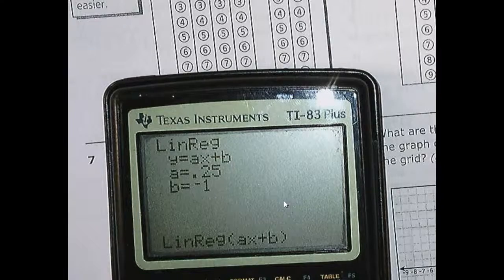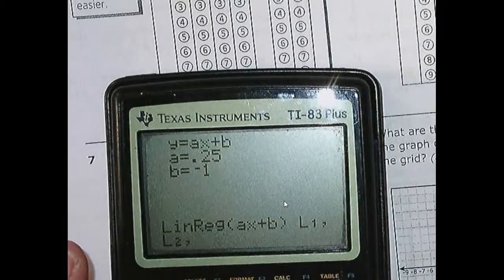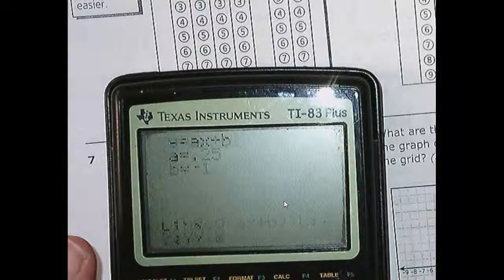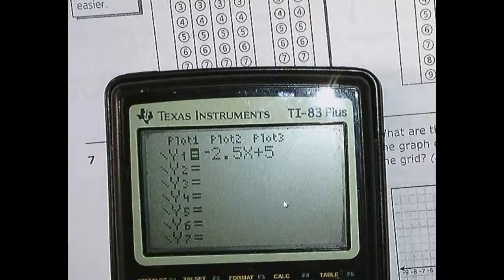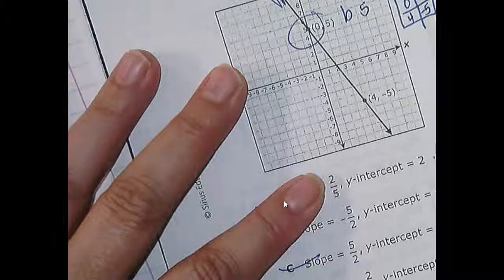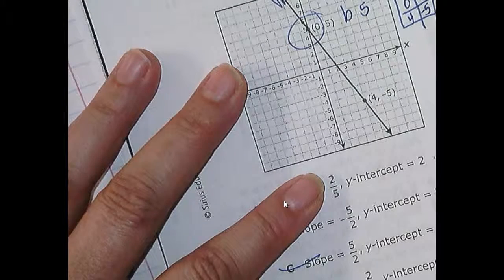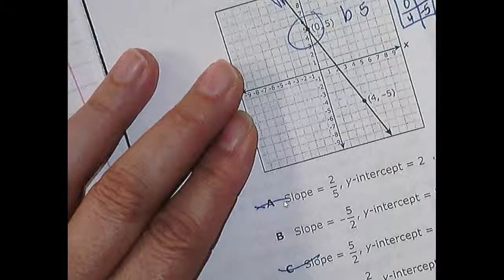I want list 1, comma, list 2, comma, VARS, Y-VARS, function, there it is, enter. I like to read from the Y equals. So I need to write down negative 2.5x plus 5. So Y equals negative 2.5x, done forgot, plus 5.